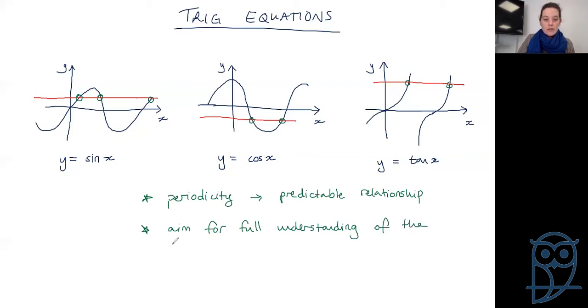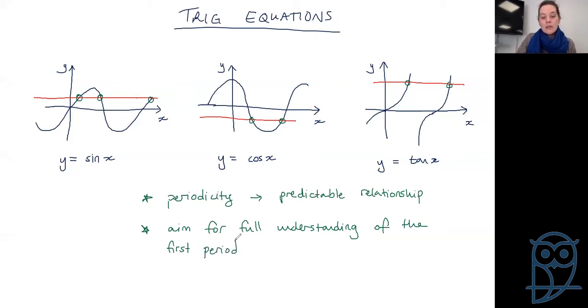So we're aiming for full understanding of the first period, but here's the catch. It's not always 360. Remember, tan has a period of only 180. And when we play with our transformed graphs, sometimes the period even for sine and cos would be 180, and sometimes 720, depending on how we're transforming it. So we're aiming for full understanding of the first period.